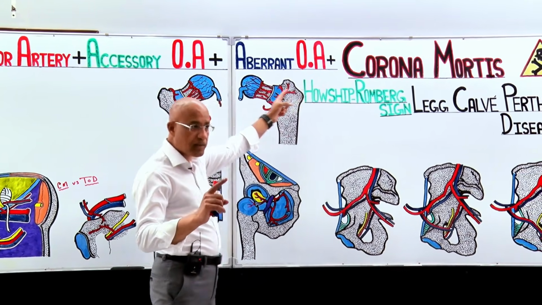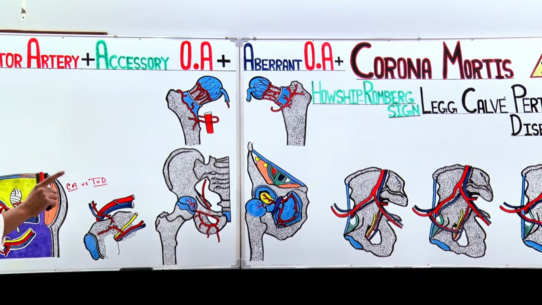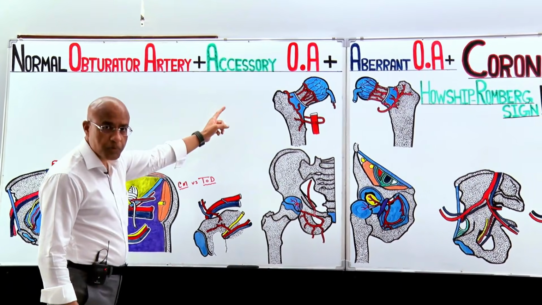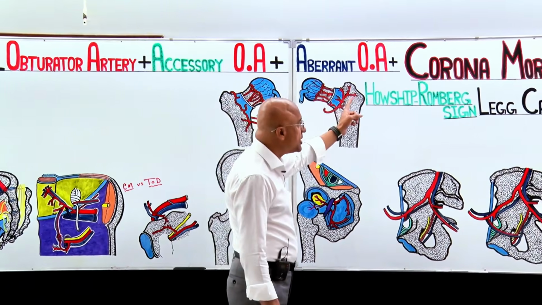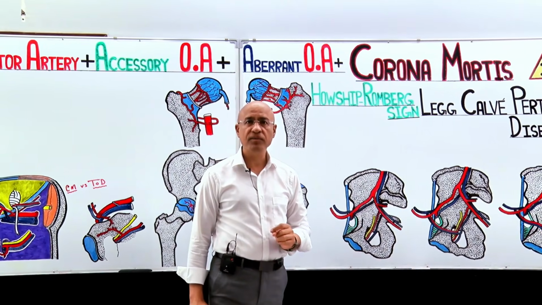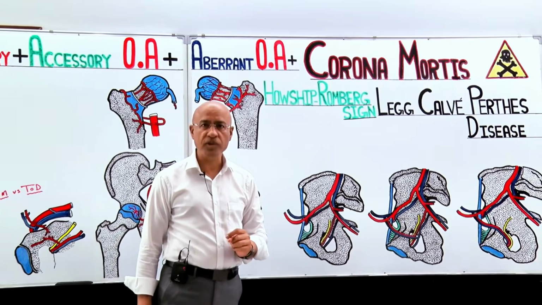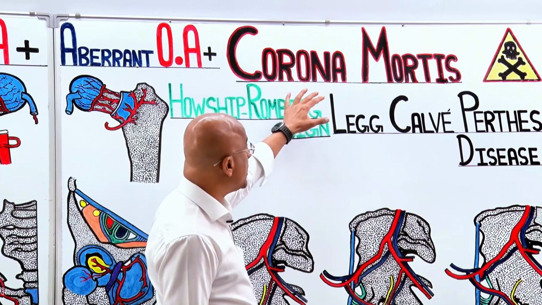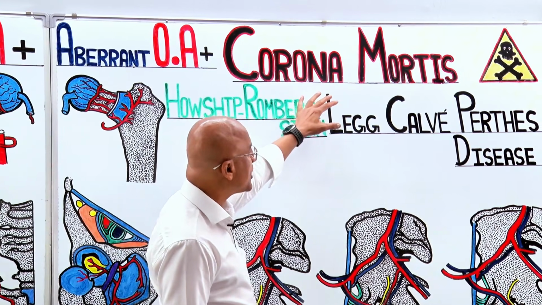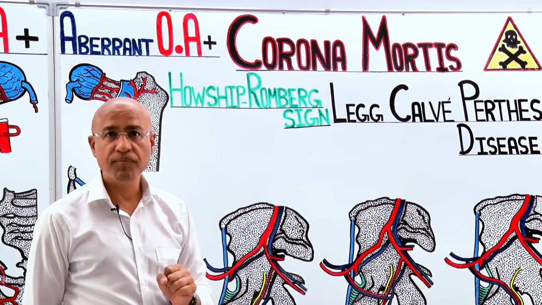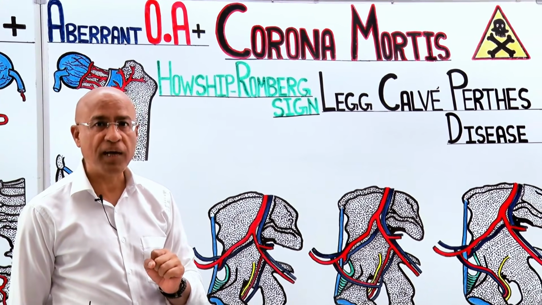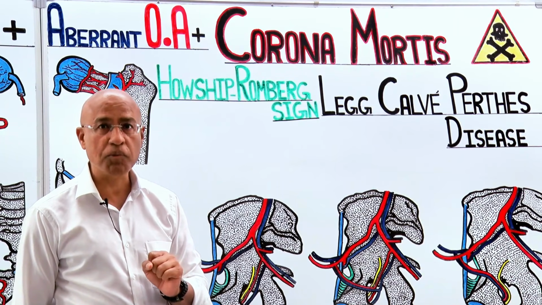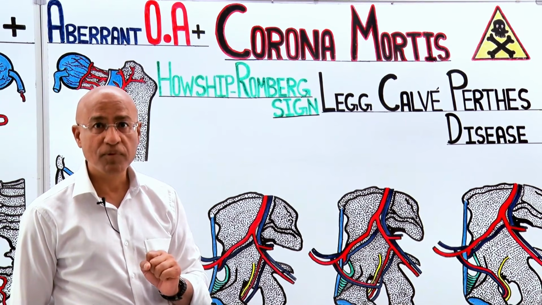By the end of the lecture, you must have a crystal clear concept about normal obturator artery, accessory obturator artery, aberrant obturator artery, and then a very dangerous killer anastomosis that we call corona mortis, crown of death. If the surgeon is not careful about the crown of death, the patient will die, but the crown of death will most probably be placed on the head of the surgeon.